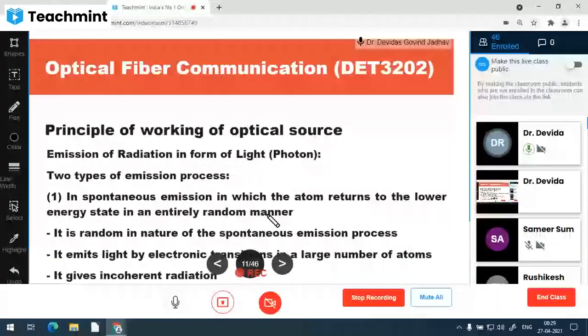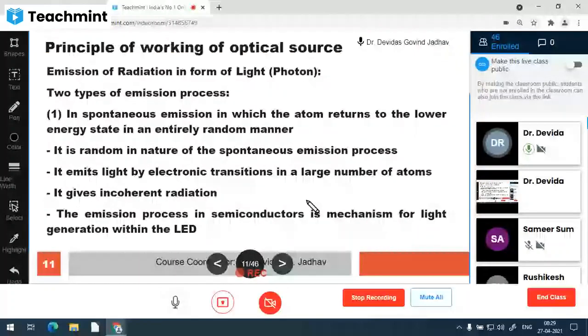Then the principle of working of optical source. Again, emission of radiation of light, photon. Two types are there. First is spontaneous emission, in which the atom returns to the lower energy state in an entirely random manner. So it jumps from higher to lower in an entirely random manner. So it is random in nature.